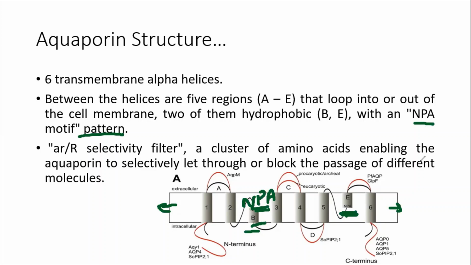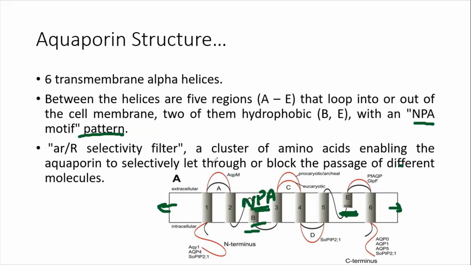Now we have got another selectivity filter called the aromatic arginine selectivity filter. Together with NPA, the aromatic arginine selectivity filter enables the aquaporin to selectively let through or block the passage of different molecules.